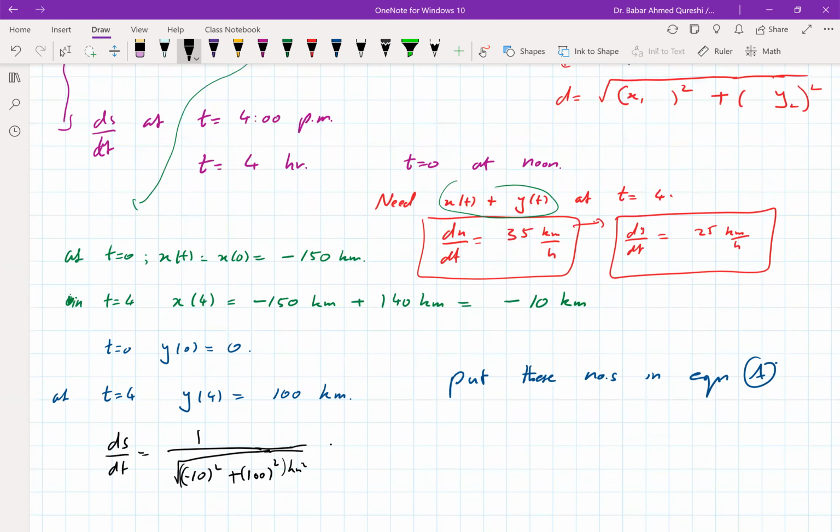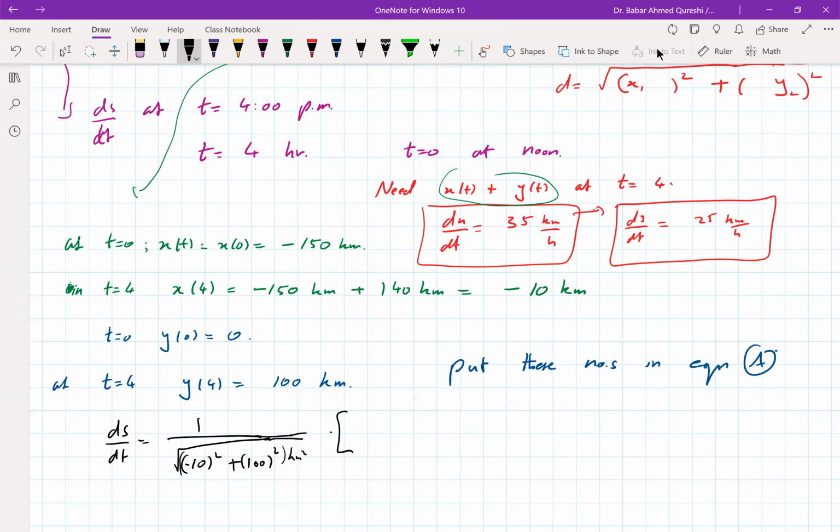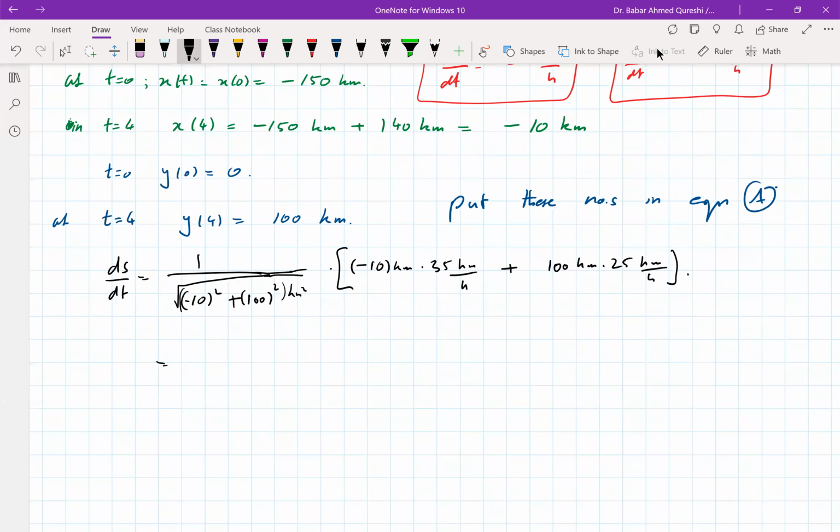Then you have a minus 10. Now this is crucial. You're not adding these two numbers, you're subtracting. Minus 10 kilometers times 35 kilometers per hour plus 100. The y number was positive. The units appropriately cancel to give you kilometers per hour as it should.